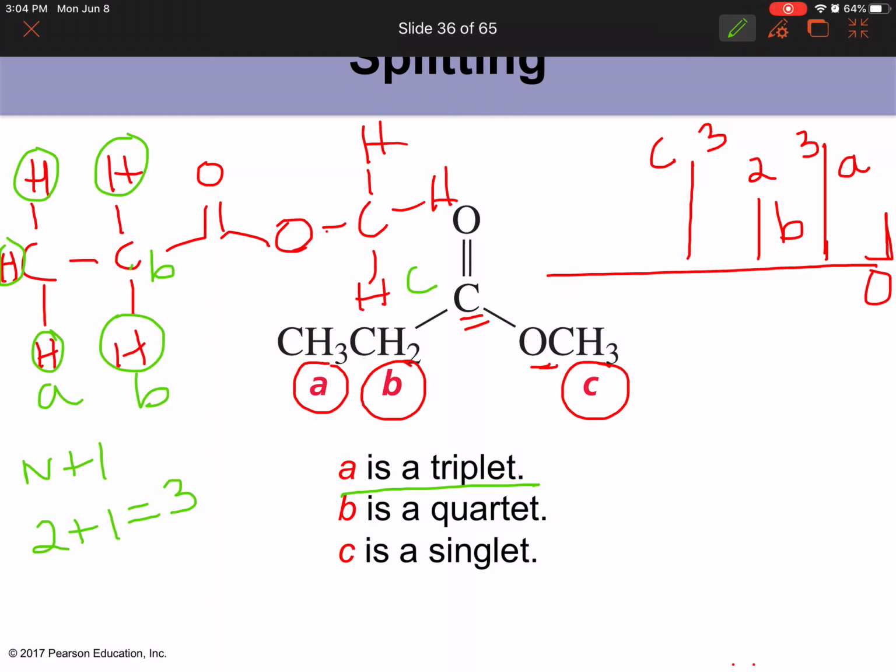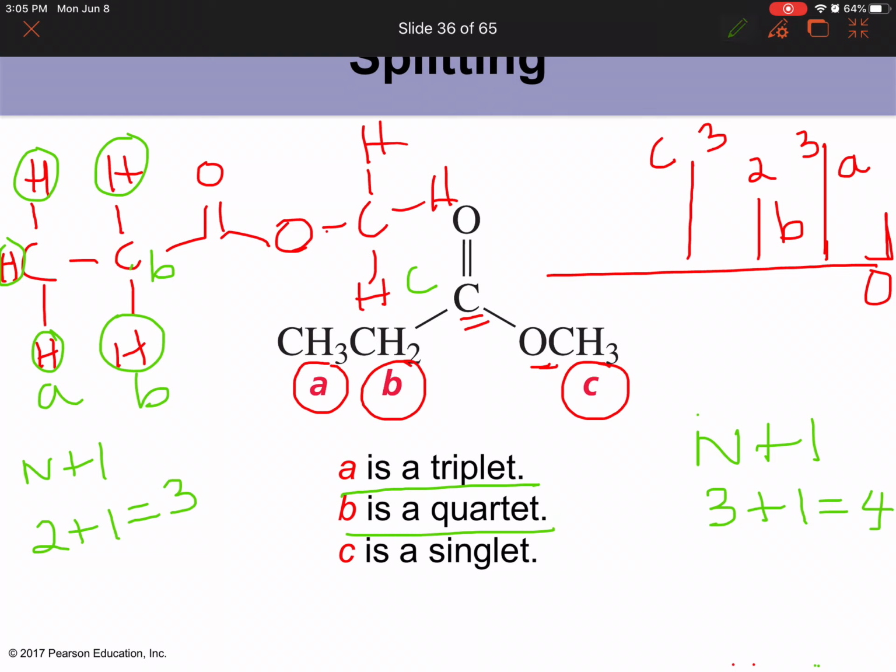B hydrogens, there are 2 hydrogens and they are adjacent to a carbon carrying hydrogen A. There are 3 hydrogens on carbon A, so that would split N plus 1. 3 plus 1 is 4, that is called a quartet.